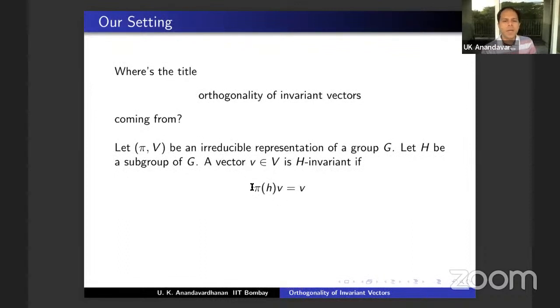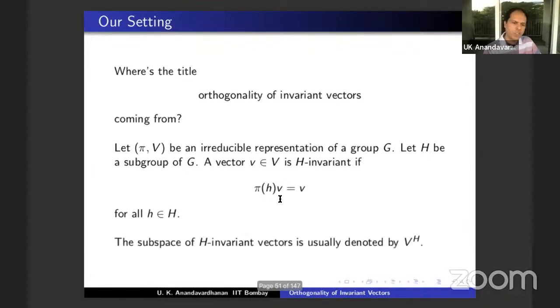So pi H is my action, and pi H V, because it's an action, will be some other vector in V. But suppose this particular vector V has the property that it doesn't change. It is fixed under this action. If this happens for all elements in your subgroup, whatever H you take, if pi H leaves V fixed, leaves V invariant, then V is called H invariant.